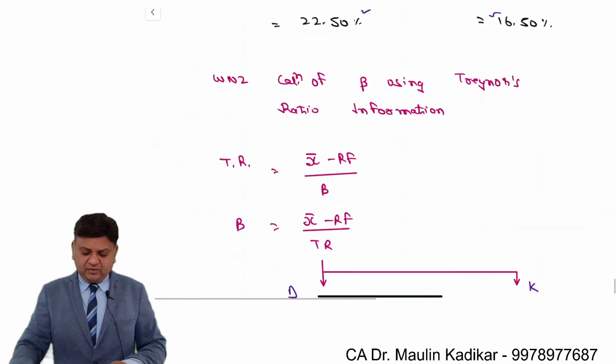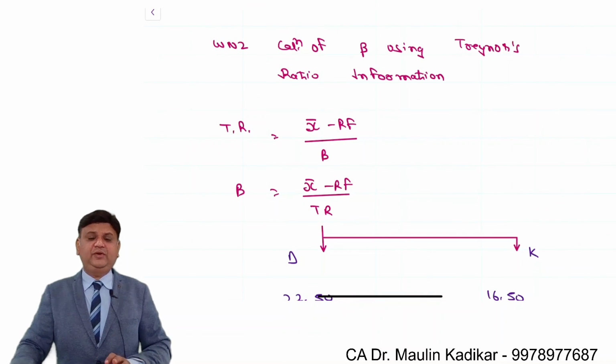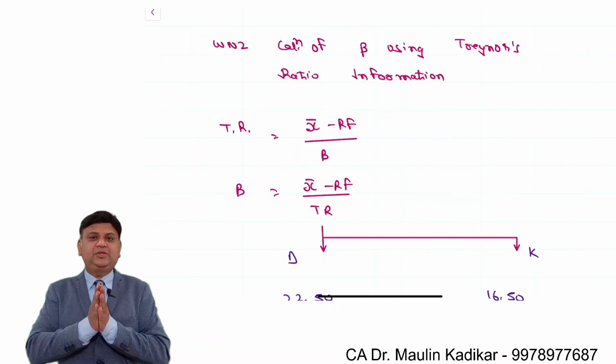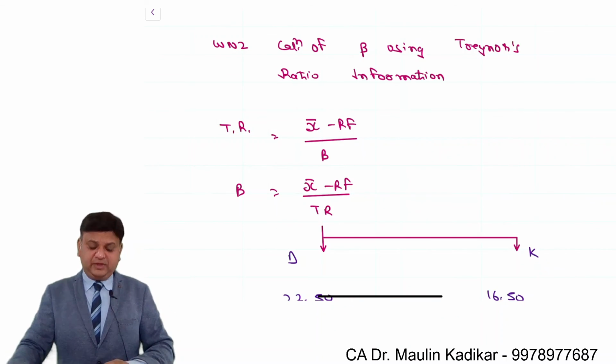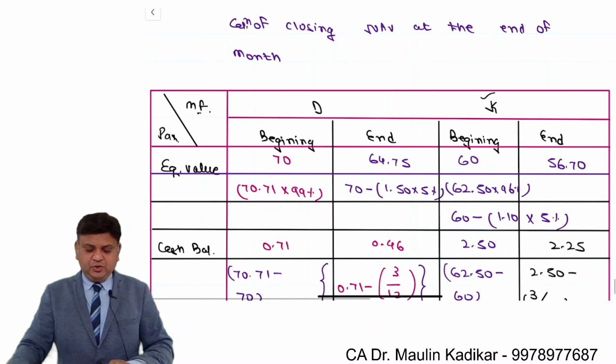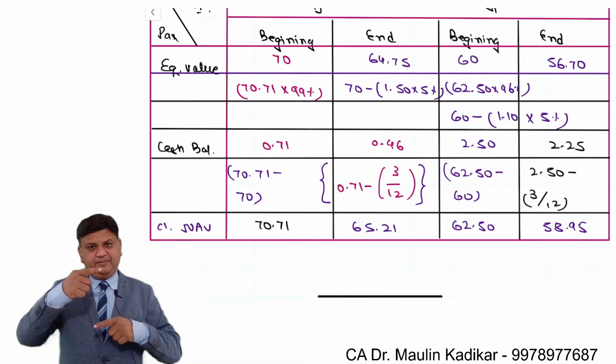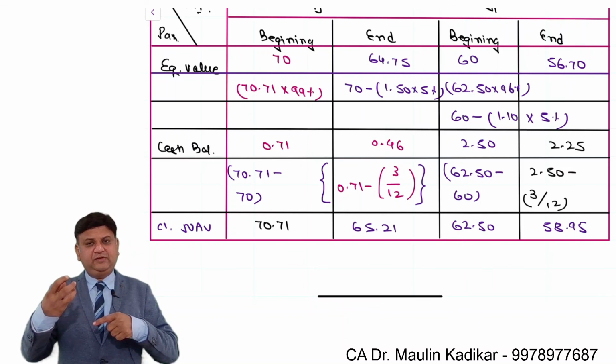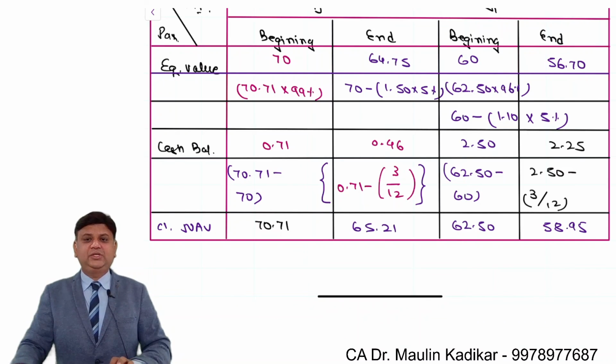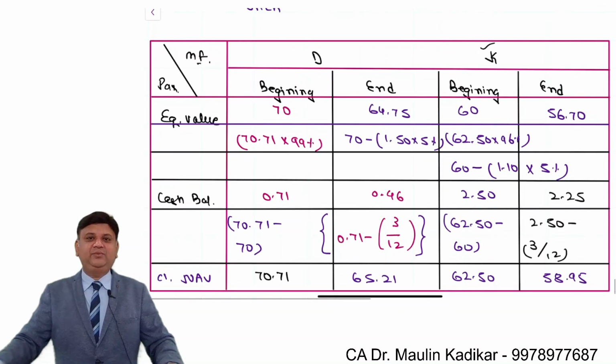So taking into account the given information, first of all we compute the beta. In my opinion, in this question, calculation of the beta is the most important point. Using the Sharpe Ratio and the Treynor Ratio information, we compute the opening breakup. Based on that, the closing values are calculated and the closing NAV is calculated for both the mutual funds.